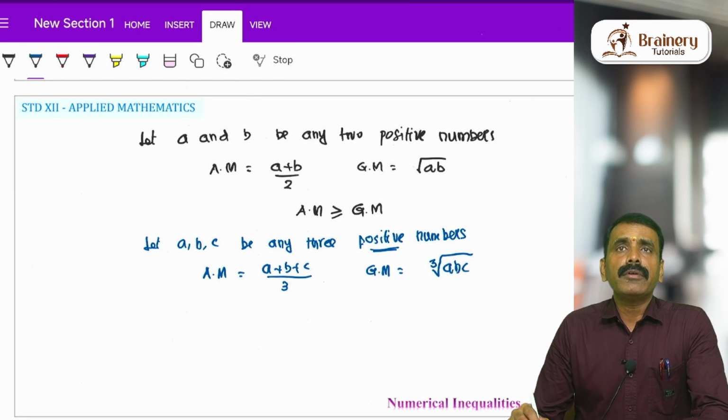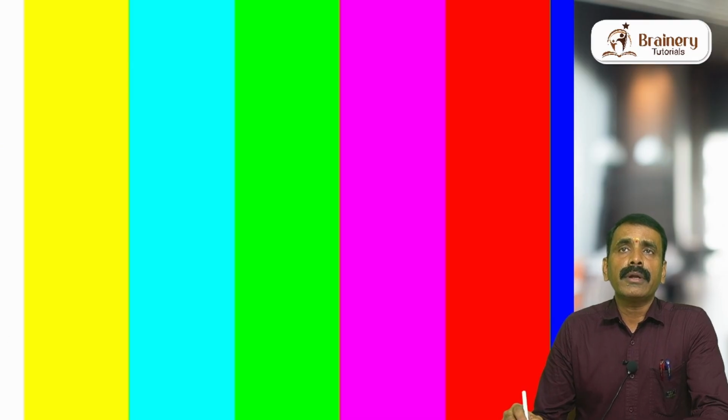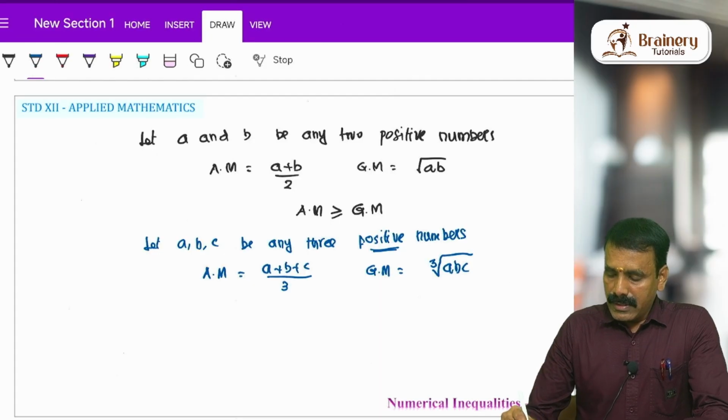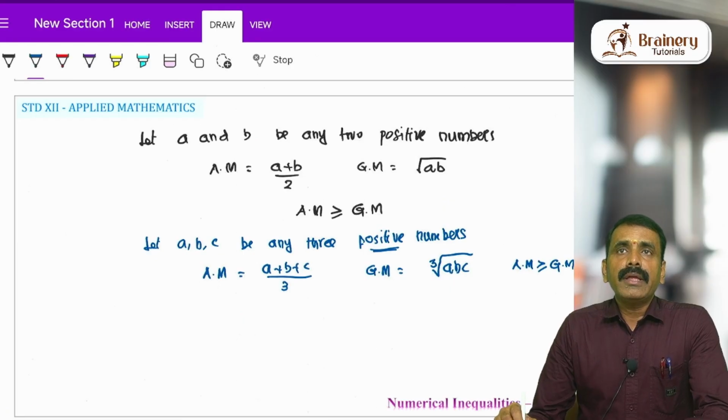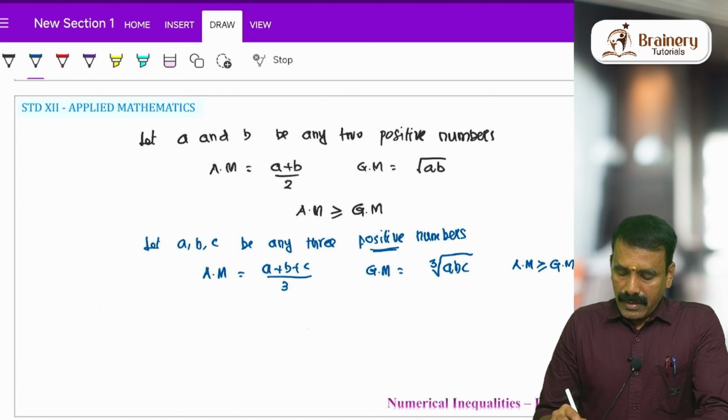So the cube root of ABC. Here also we have the condition AM is greater than or equal to GM. They will be equal when all the numbers are the same, A equal to B equal to C, then we have the equality.